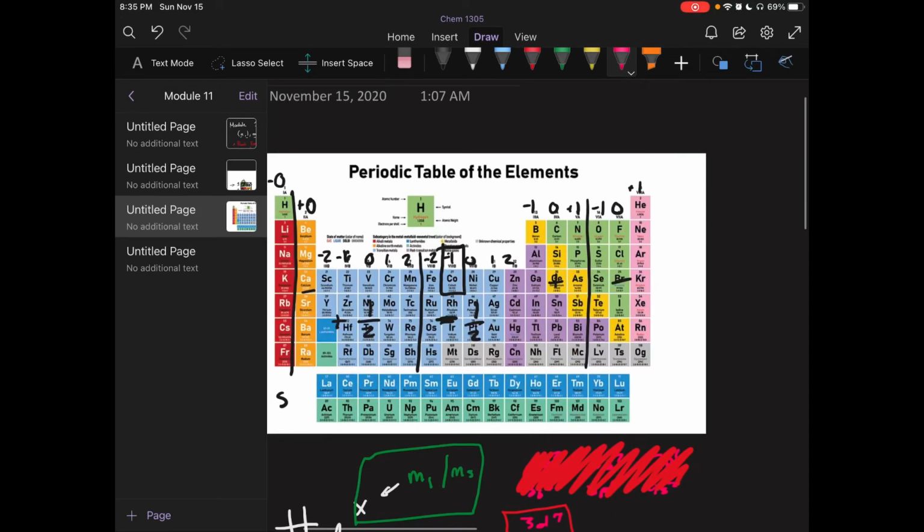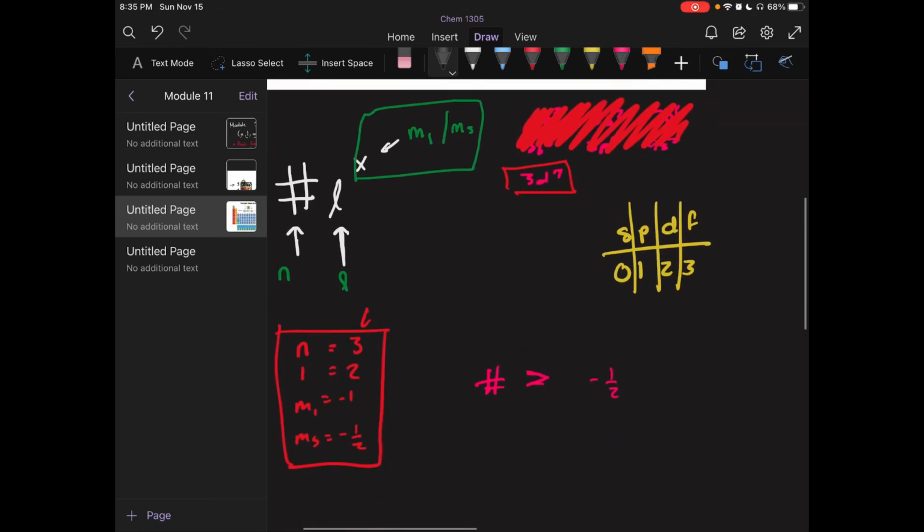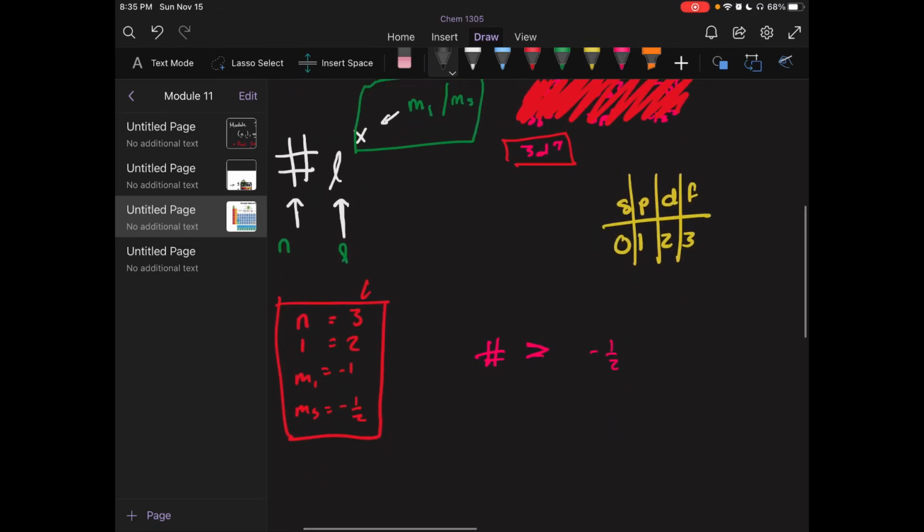If we have to move more spaces within this block, most likely it's going to be on this latter half. But typically what I like to do is use the first two from the electronic configuration, and the last two from the periodic table. So really it's a combination of both.